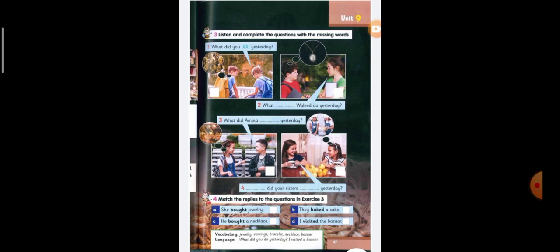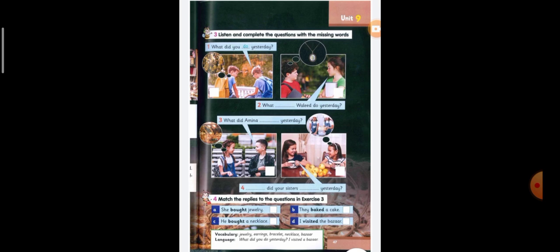Turn over the page to 47. Number 3, listen and complete the question with the missing words. Number 1, what did you do yesterday? In this sentence, we have the question word what plus the helping verb did plus the subject you and the verb do. Number 2, what did Walid do yesterday?